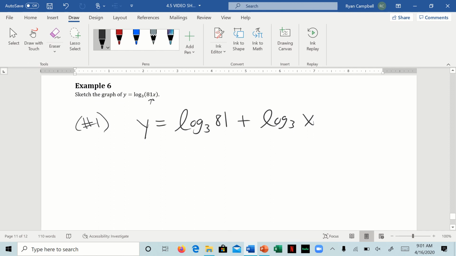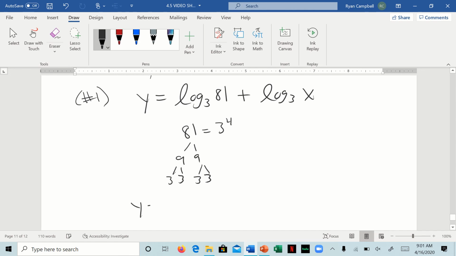So let's see if we can break up 81. So 81, we know that's 9 and 9, which is going to be 3, 3, 3, and 3, right? So 81 is 3 raised to the 4th power. So we can rewrite that as log base 3 of 3 to the 4th.